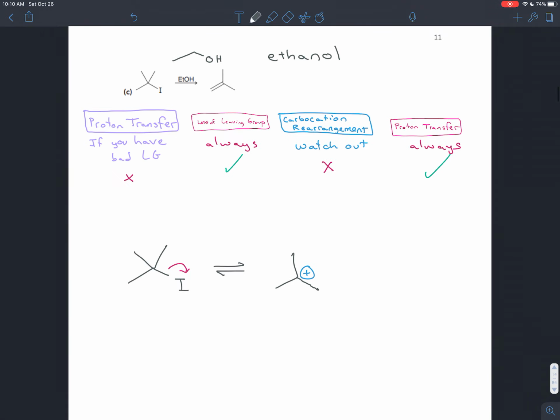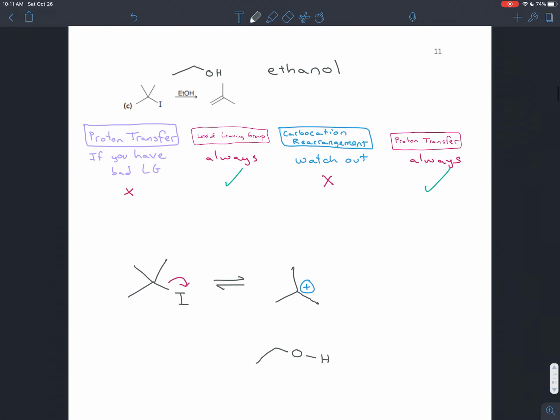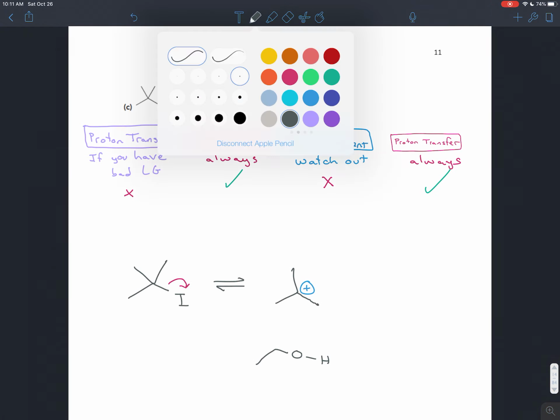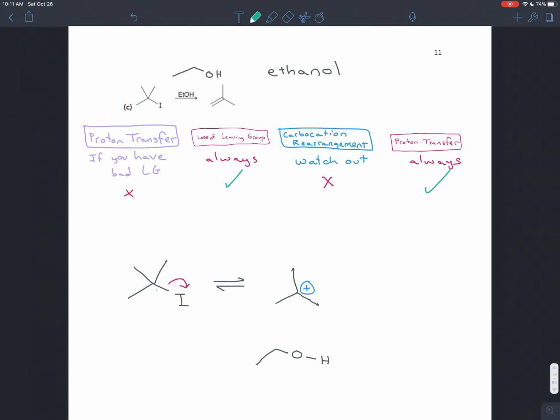In this case, though, it's going to be acting as a base, and it's going to be stealing a beta hydrogen. Now, notice the carbon that has the leaving group on it is the alpha carbon, so that's this one with the carbocation, and each carbon next door to that is a beta carbon. So here we have beta, beta, beta.